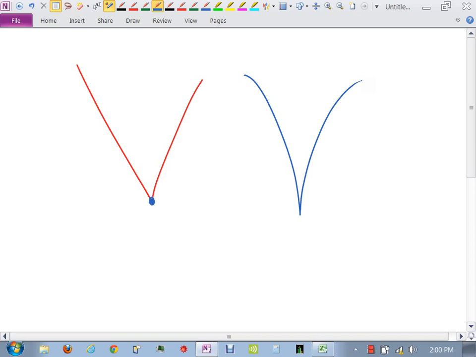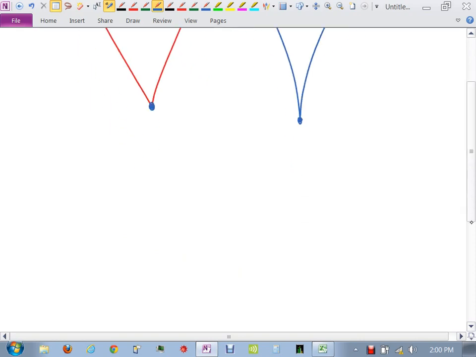Now, because local maximums and local minimums seem to occur wherever the derivative is 0 or where you have this non-existence of the derivative, we define in this section what are called the critical numbers. And what are they? That's what your quiz bonus was supposed to be.